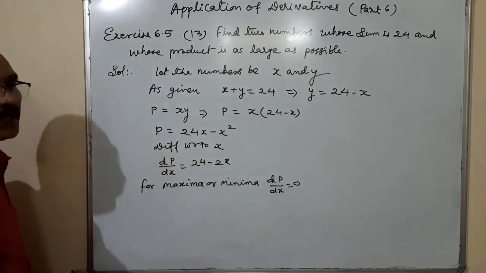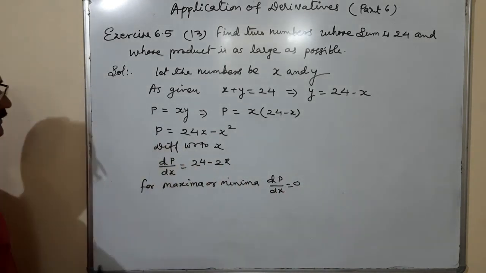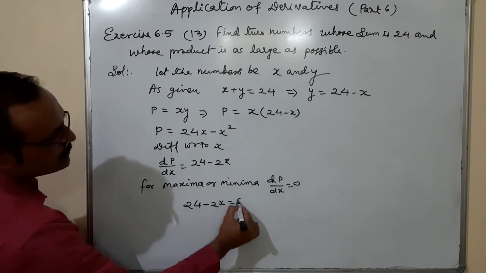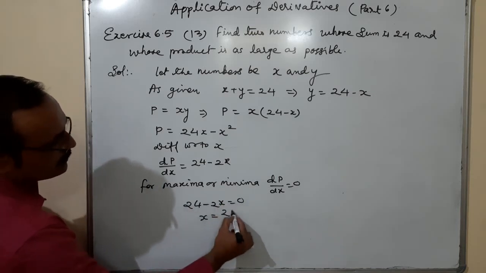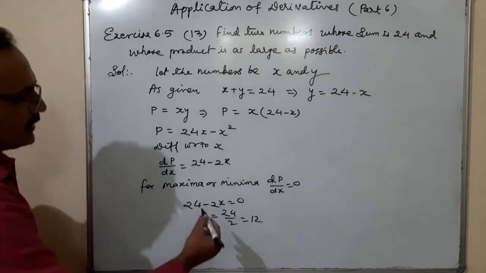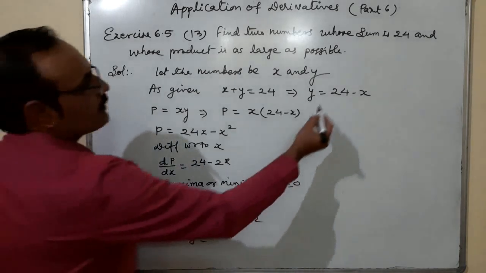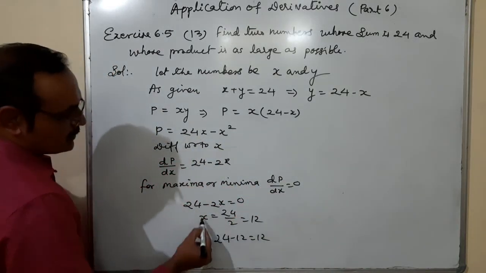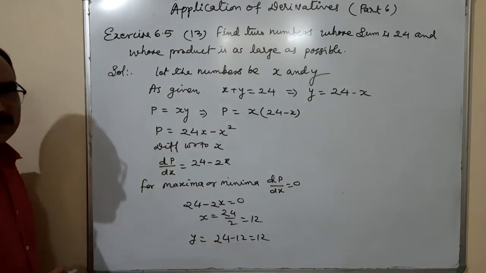Yeah, f dash P is equal to 0. Anything you can write. So may I write here 24 minus 2x is equal to 0. Therefore x is equal to 24 upon 2, that is 12. And if x is equal to 12, then y is equal to 24 minus 12. It is 12. So the value of x is 12 and the value of y is equal to 12.